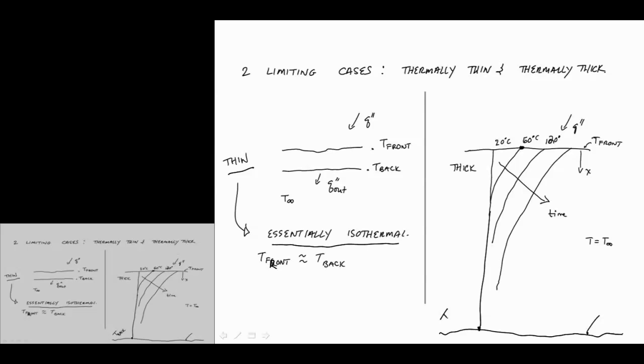And at the time of ignition, the thermal wave has not yet reached the backside. So the extent of this thick sample does not play a role in the ignition characteristics.